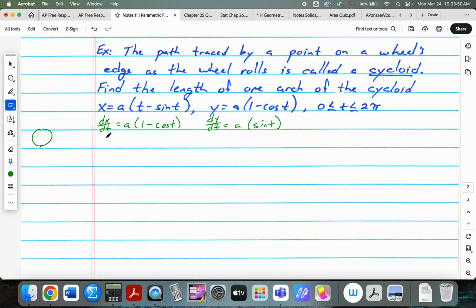So then the length is going to be equal to the integral from 0 to 2 pi of the square root of, this will be a times 1 minus cosine of t squared plus a times sine of t squared dt.